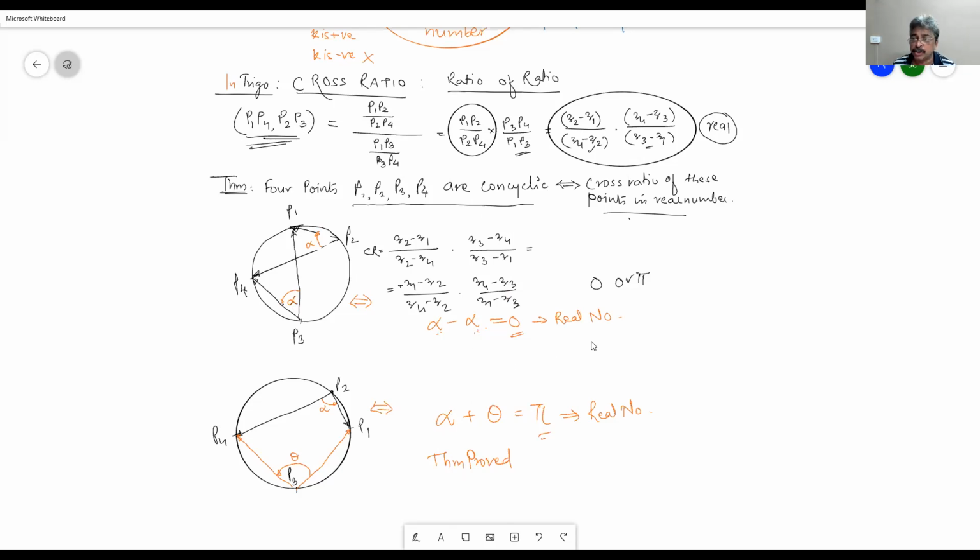Inscribed angles are equal, opposite angles add up to 90 degree, PAPB is equal to PCPD, tangent secant theorem, exterior angle is equal to remote opposite interior angle, so many different ways of doing concyclicity in geometry. Using 2D geometry, you can create a equation of circle and find out whether they are concyclic or not. Now this is complex number way of checking 4 points concyclic.